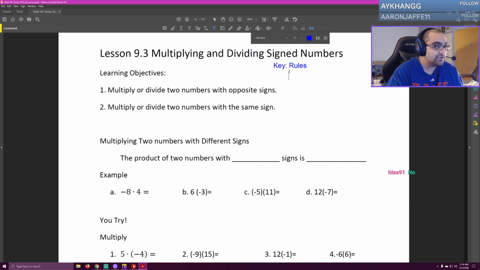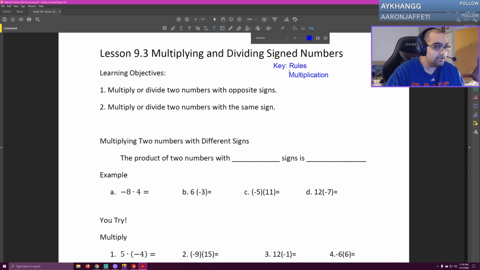So first, let's look at multiplication. For multiplication, it's going to pretty much work like this.